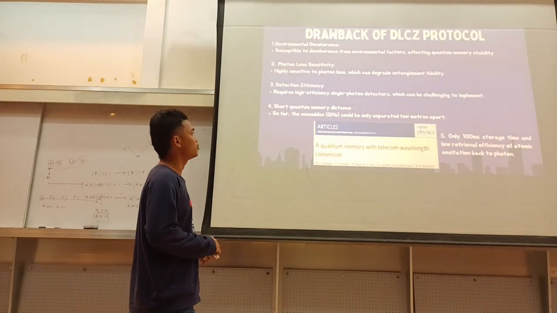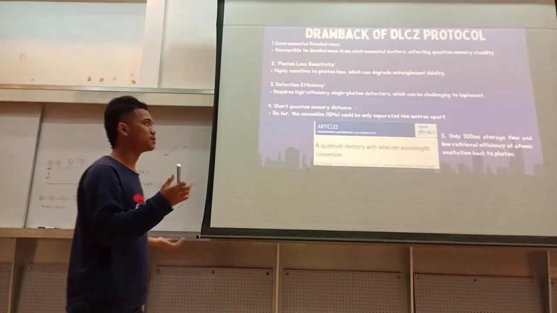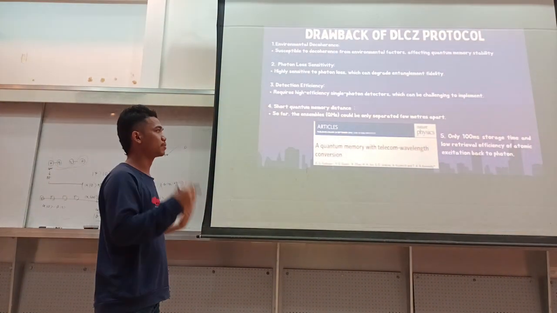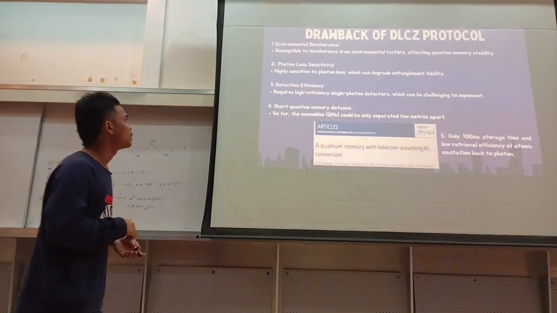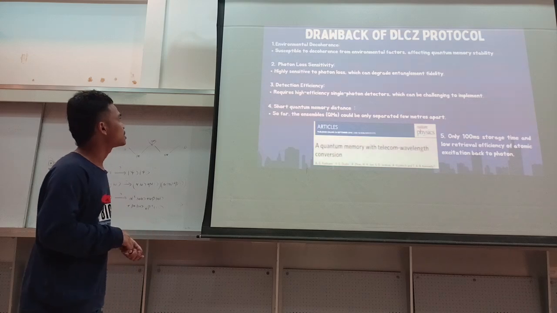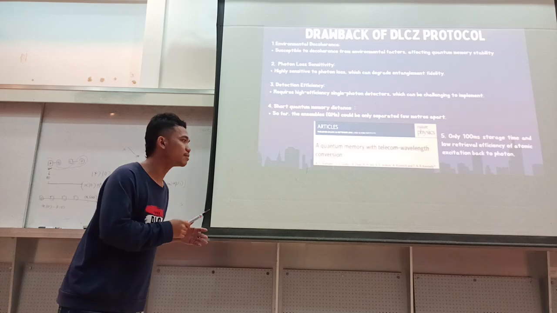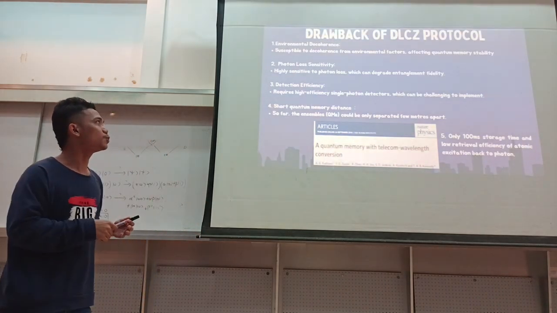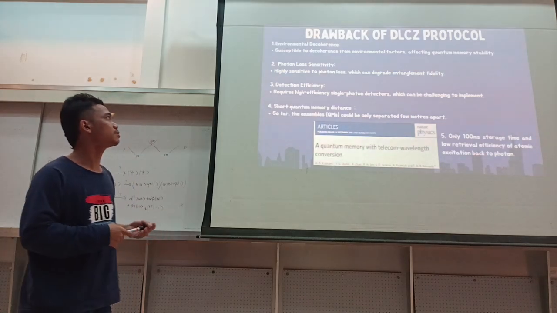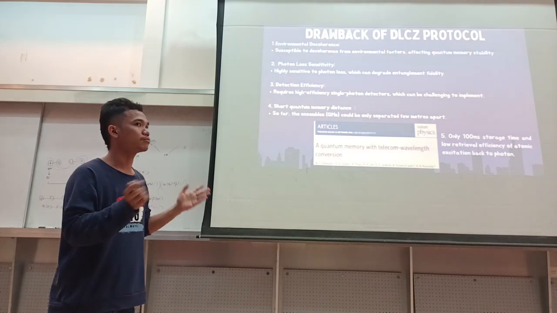So this is one of the drawbacks. Of course we need higher retrieval efficiency during the reading mechanism of the atomic excitation. And then it is susceptible to environmental decoherence, which means that the atomic ensemble can decohere due to environmental factors. It can interact, and then the entanglement can collapse.